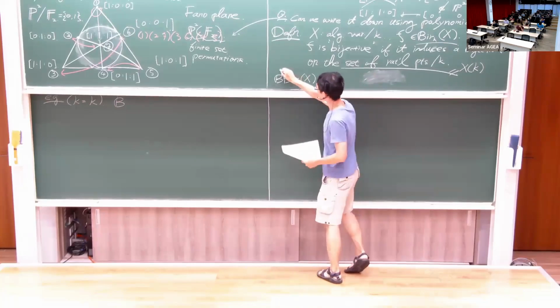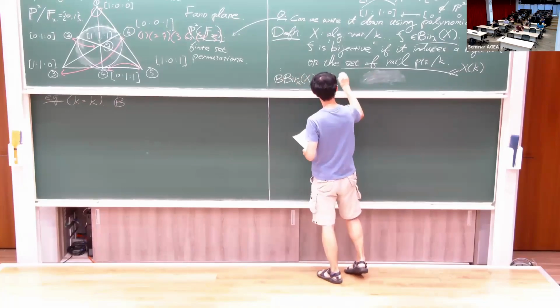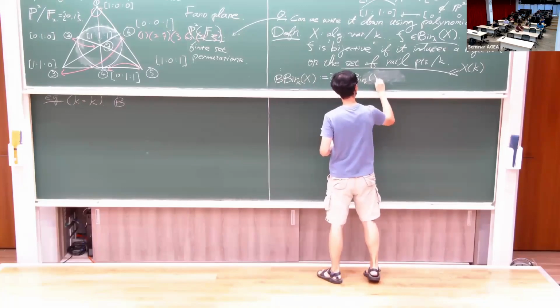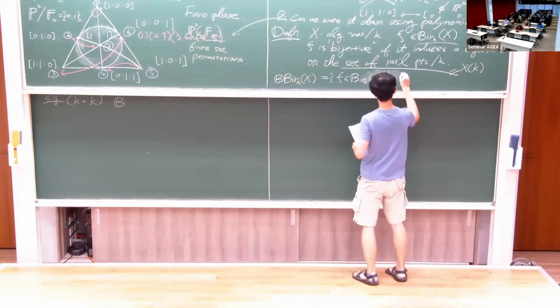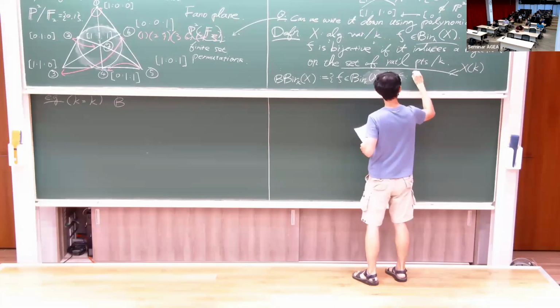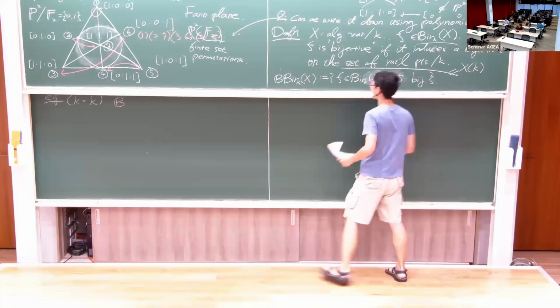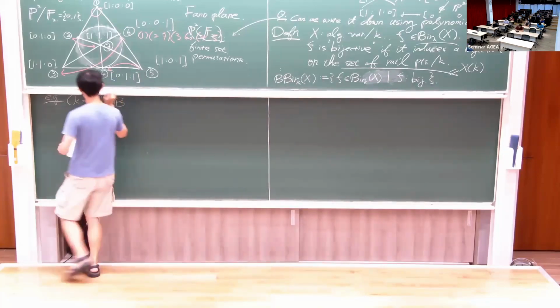This B here means bijective. F is bijective.